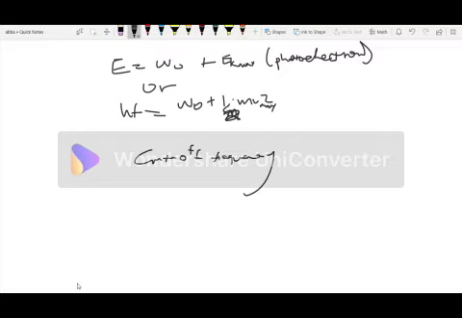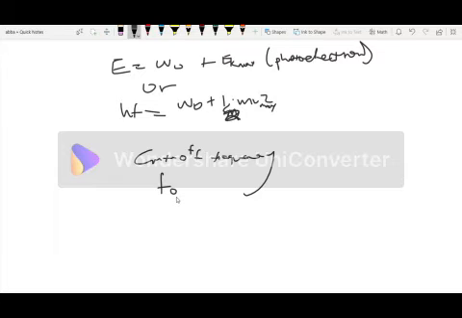Then that minimum frequency is called the cutoff frequency. So this is basically the minimum frequency. So now the cutoff frequency for any material is that frequency of light which will emit photoelectrons with zero kinetic energy from the surface of the material.